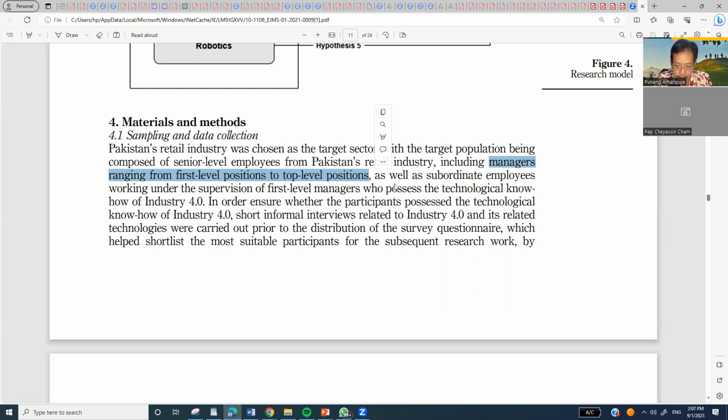But if you're thinking about giving it to students, for instance, they don't have any company to refer to. Or even employees or managers of companies that do not use Industry 4.0 technologies would not be able to answer because they don't know the impact, since they have not been using it.